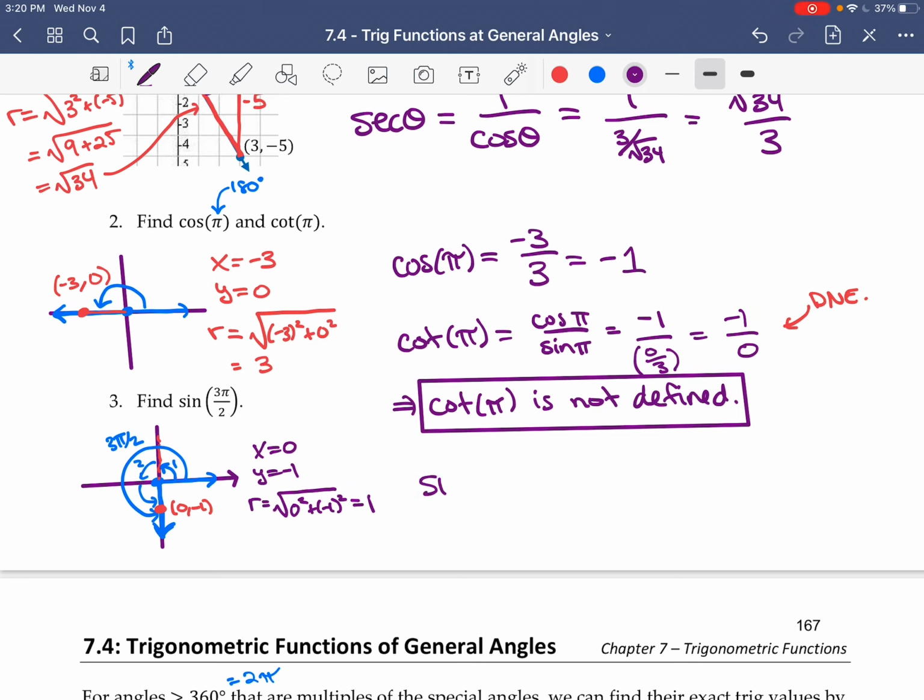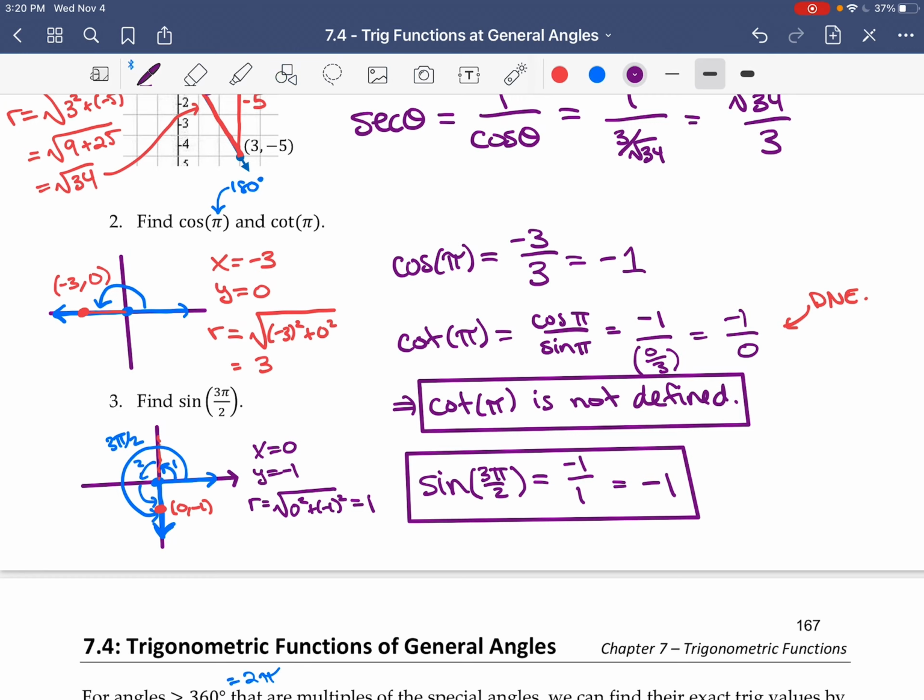That means sine of 3 pi by 2 is the y value over the r value, so it's -1 for that angle. You could pick any point along that terminal side; I chose -1.